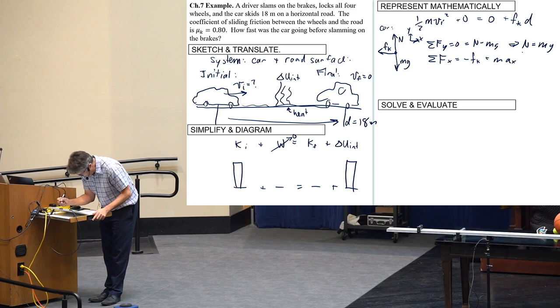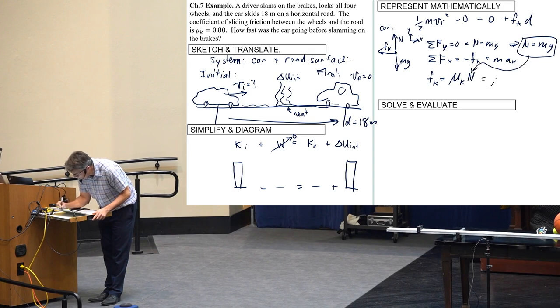So I would say that f sub k is equal to mu sub k times n. And from balancing the y forces, it's going to be mu sub k times m times g. Actually, I think that's all I'm going to do. I'm going to plug that into this equation.